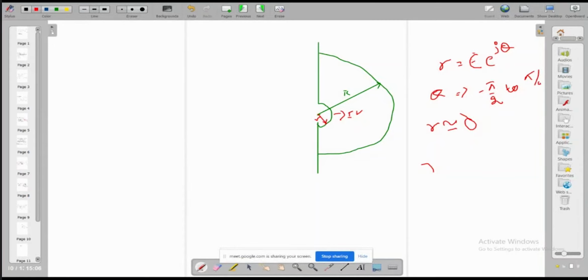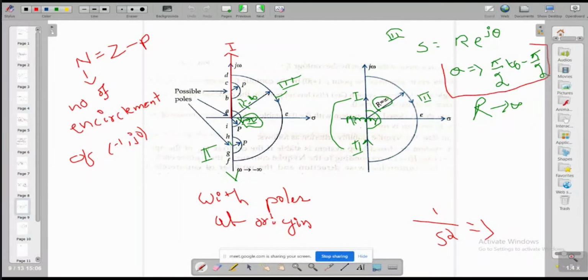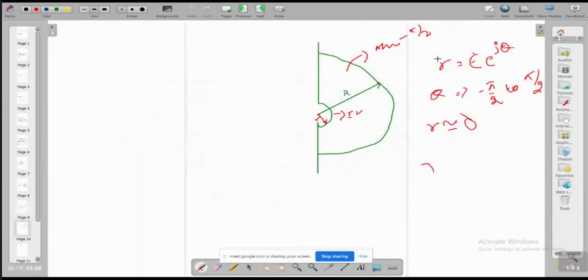For the large circle, theta varies from plus pi by 2 to minus pi by 2.